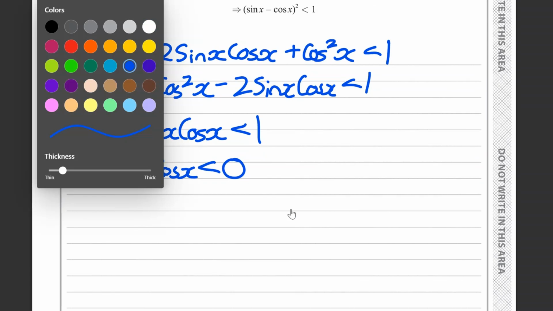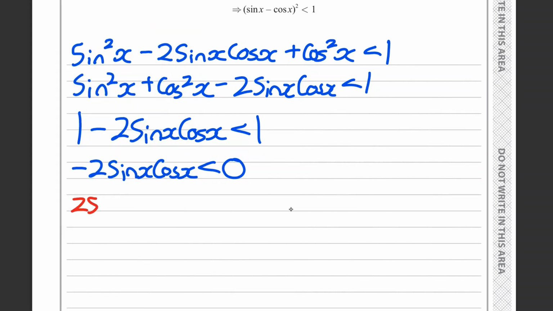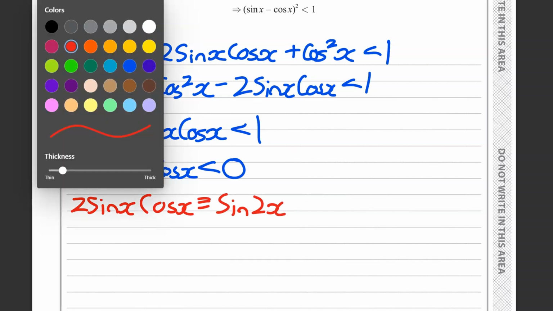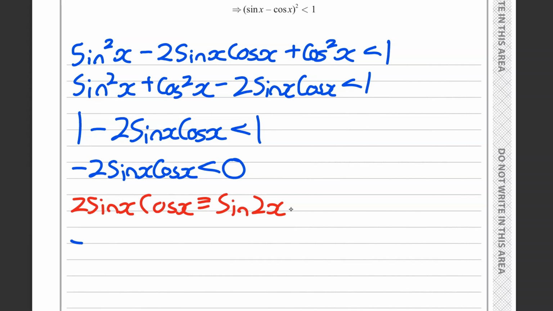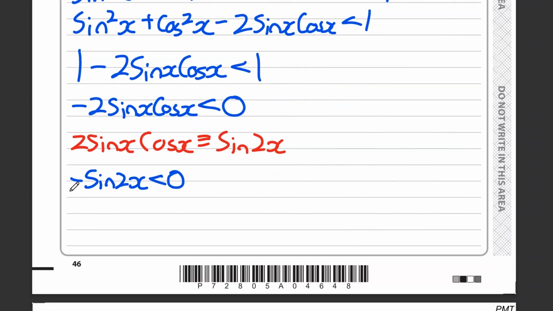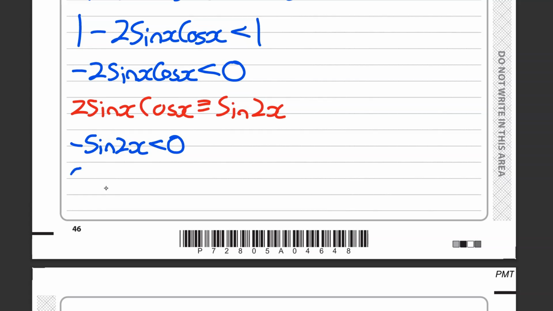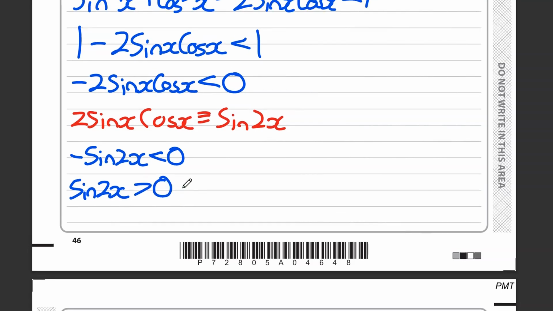Now, if you recall the double angle formula, that 2 sin x cos x is equivalent to sin of 2x, we can sub this in, so we can say that this is minus sin 2x is less than 0. If we get rid of this minus sign here by multiplying both sides by minus 1, it's going to be sin 2x. Remember, when you multiply or divide by a negative number, you need to flip this inequality sign here. So this is now going to be bigger than 0, like this here. So we have sin 2x is bigger than 0.